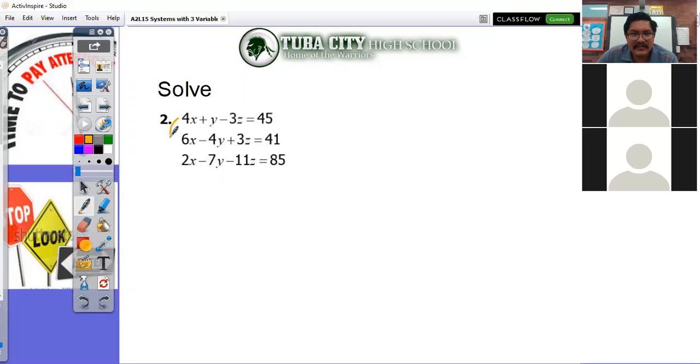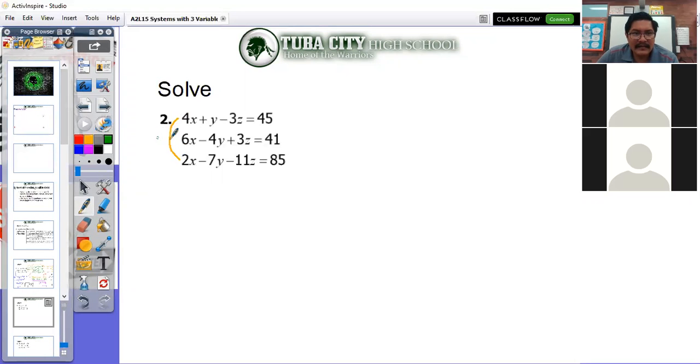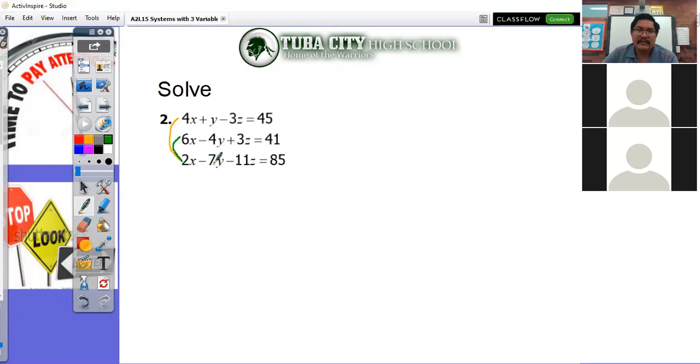I'm thinking these two here and these two here, so top and bottom, and then the bottom and middle, because I would only have to triple this one to get to 6, and I would only have to double this one to get to 4. So again, if you think ahead, you can pick smaller numbers to work with, numbers that you might be more familiar with, and smaller numbers are just easier to work with. So I'm going to stick with it that way.